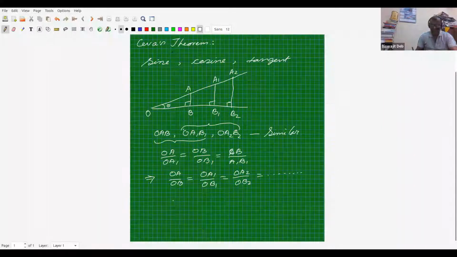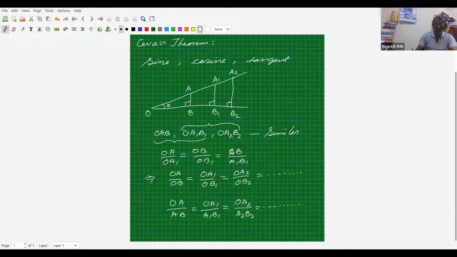Similarly, I can also say that OA by AB, from the first ratio and the last ratio, is equal to OA1 by A1B1, and if I consider the third triangle also, then OA2 by A2B2, and so on. All these ratios come out to be the same.